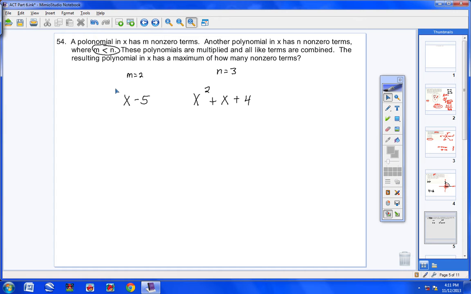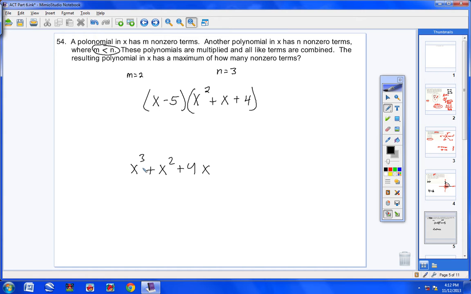Now, these polynomials are multiplied. So let me grab this, yank this over here. Now, we're going to multiply these two polynomials, okay? And all like terms are combined. The resulting polynomial in X has a maximum of how many non-zero terms? Now, think about it. If I were to multiply these two polynomials together, you should know by now from Algebra 1 and Algebra 2, I would take x times this, x times this, x times this, and I would get x cubed, x squared, 4x.